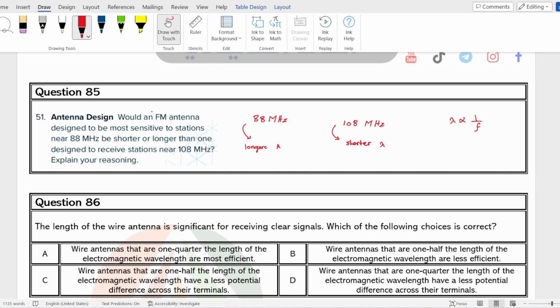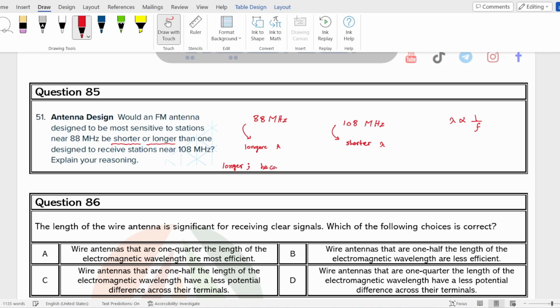Would an FM antenna designed to be most sensitive to stations near 88 megahertz be shorter or longer than one designed to receive stations near 108 megahertz? Again, based on that, it has to be longer. Why?